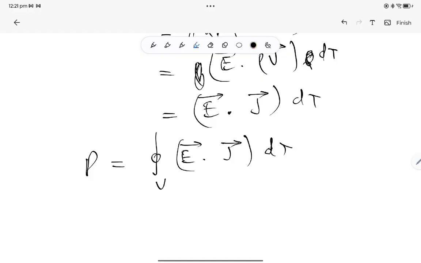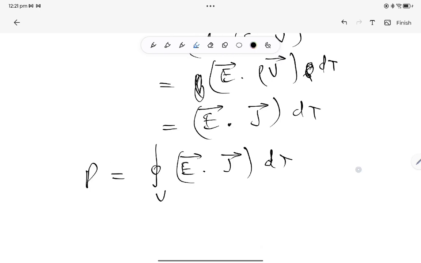Okay. Now we have E dot J. We will express this exclusively in electric and magnetic terms. That means we will eliminate the J. Now how can we do that?